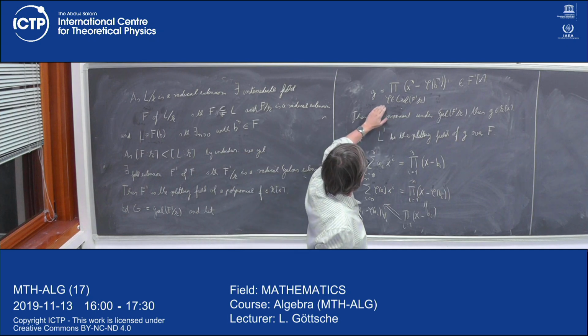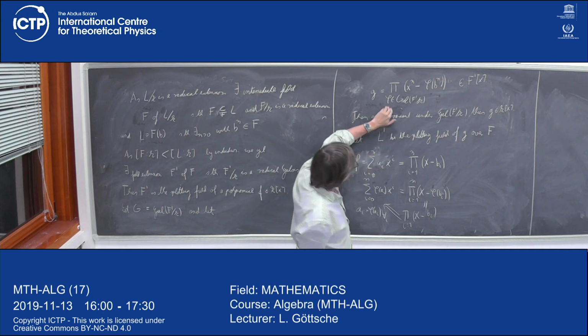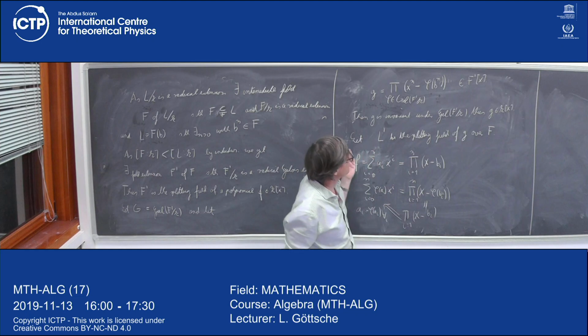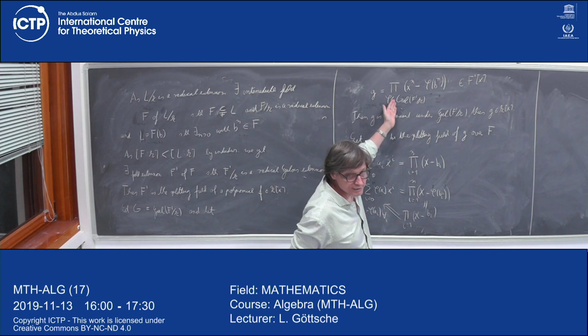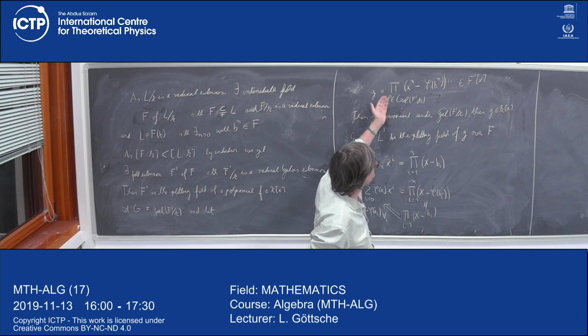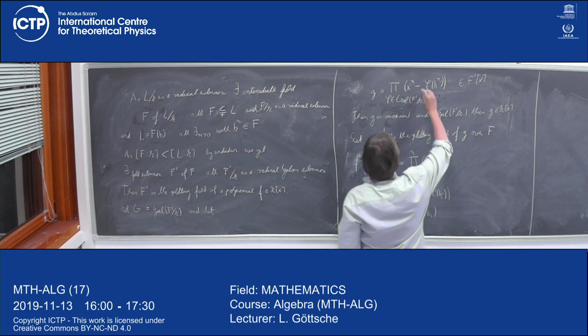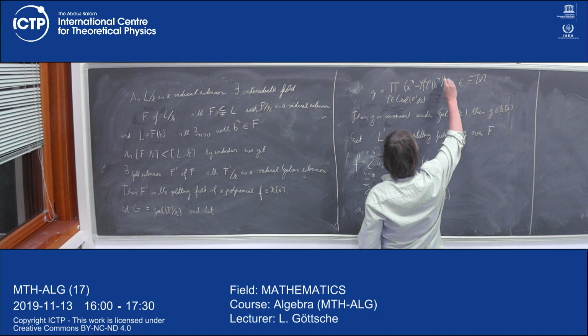Now assume you apply to this an element in the Galois group of f prime over k. So assume psi is an element in the Galois group, then you would apply psi to this.